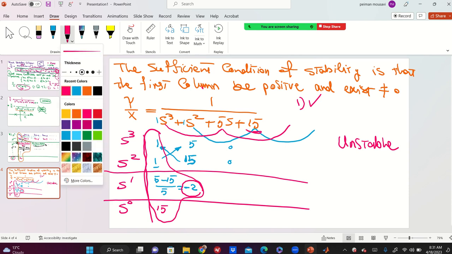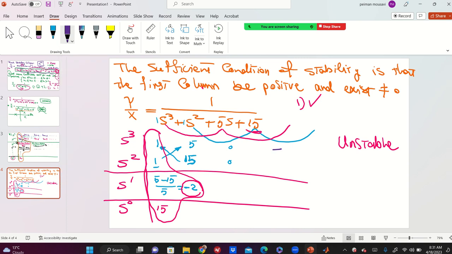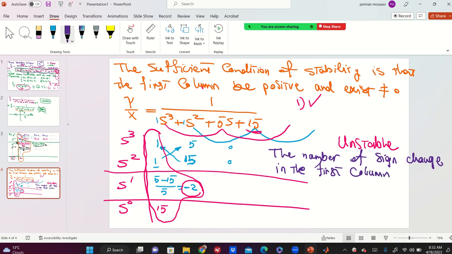Now, add this. The number of sign changes in the first column is the number of right hand poles.